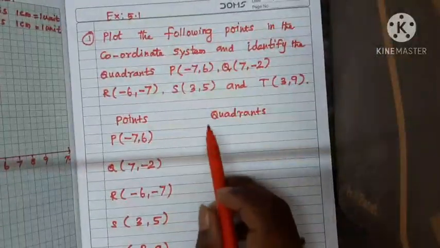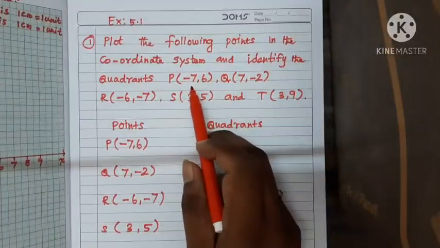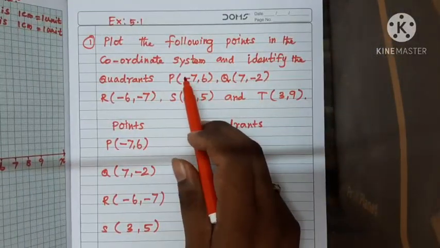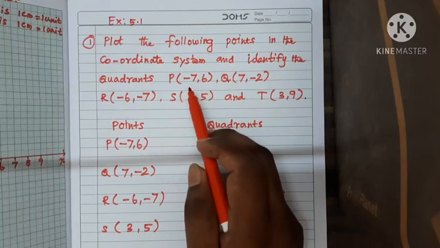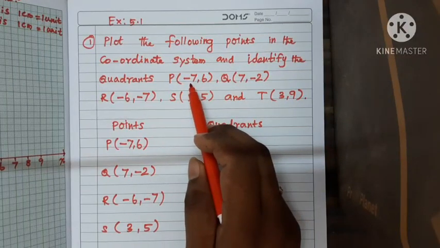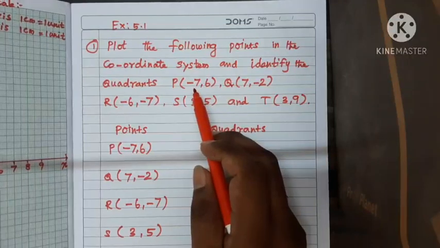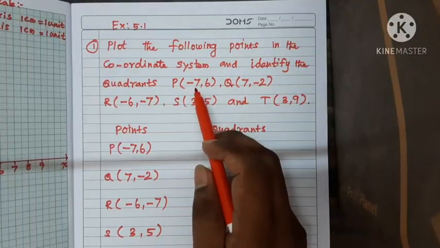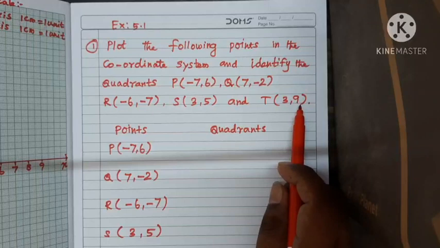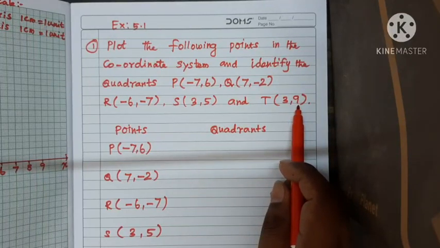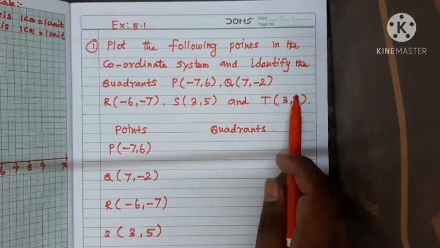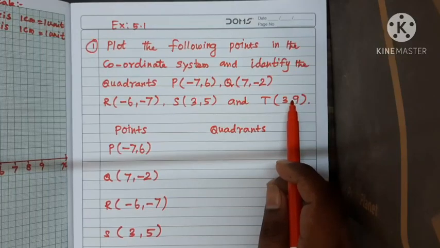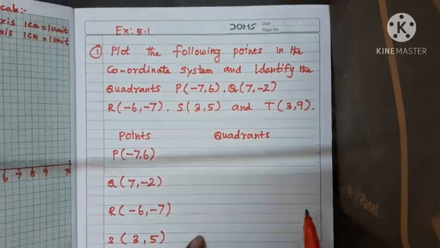For the x values, the highest negative value is -7, so you have to write up to -7. And for the positive y value, the highest value is 9, so you have to write up to 9.